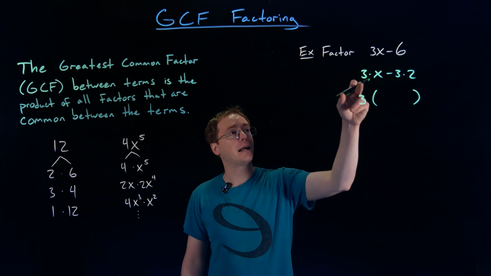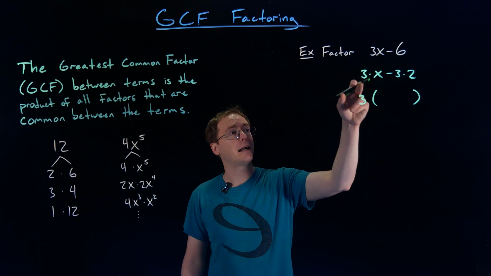We can multiply 2 and 6 together to get 12. We could also multiply 3 and 4 together to get 12. Or we can multiply 1 and 12 together to get 12. And so all of these numbers are what we say are factors of 12. 2, 6, 3, 4, 1, and 12 are all the integer factors of 12.